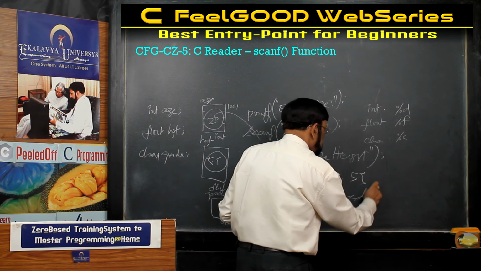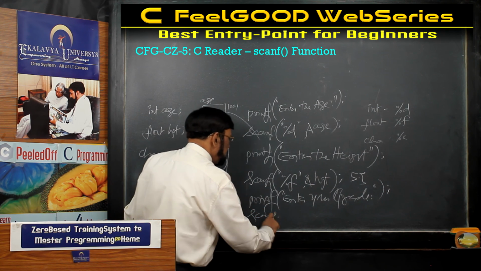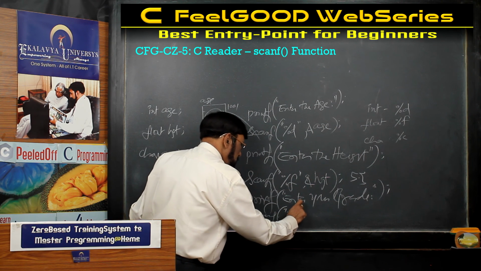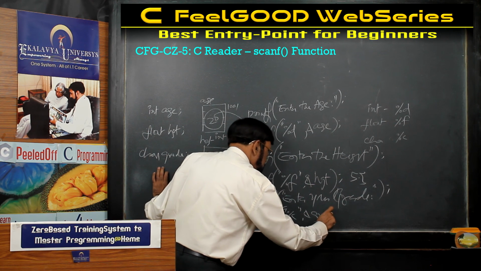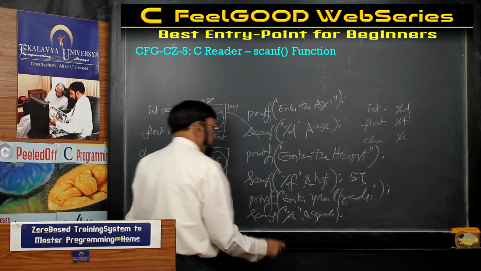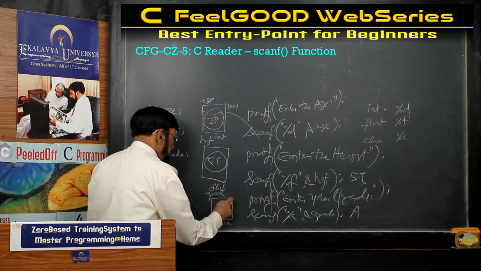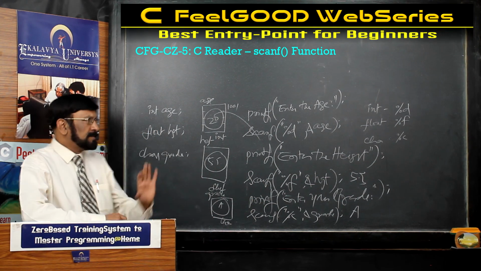This is the prompt statement you write. Then the scanf statement: what do you write? %c, ampersand grade. Then you entered A, grade A. Then this postman drops it here. This is the way scanf works.